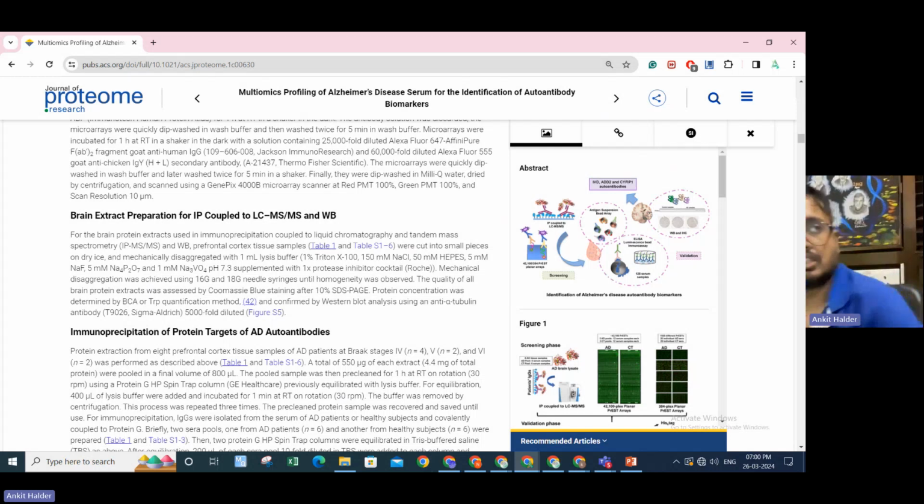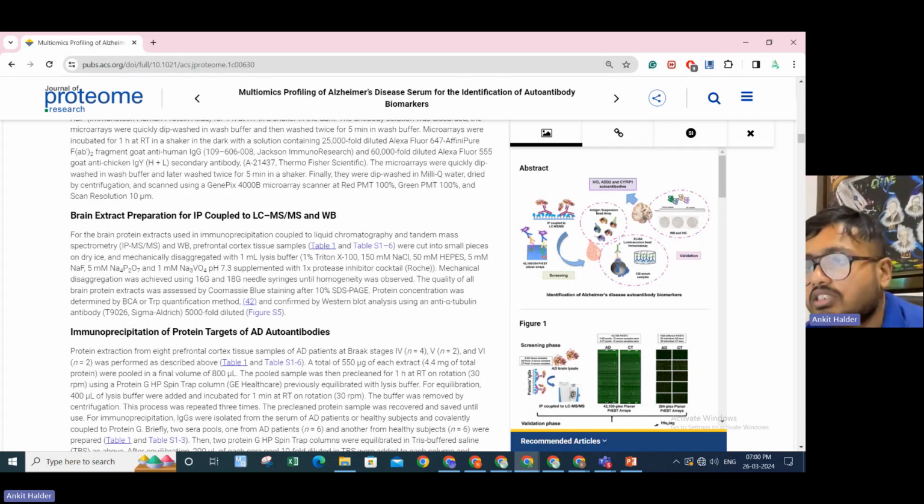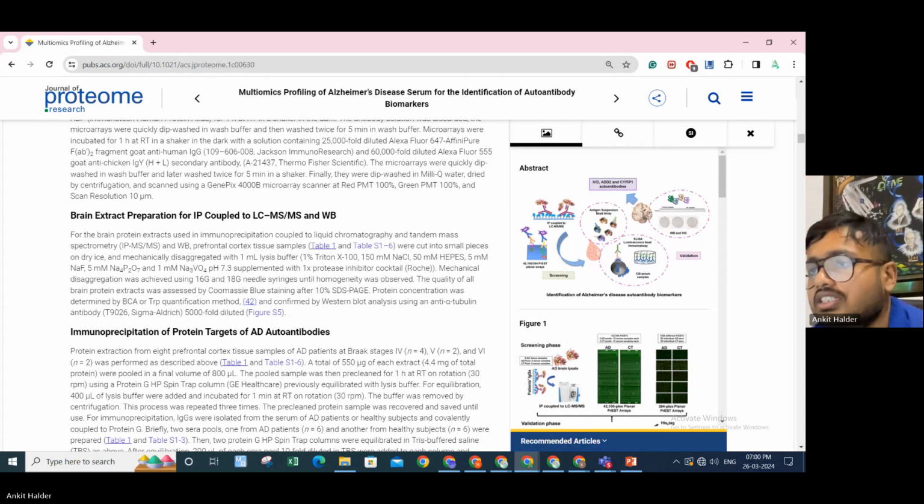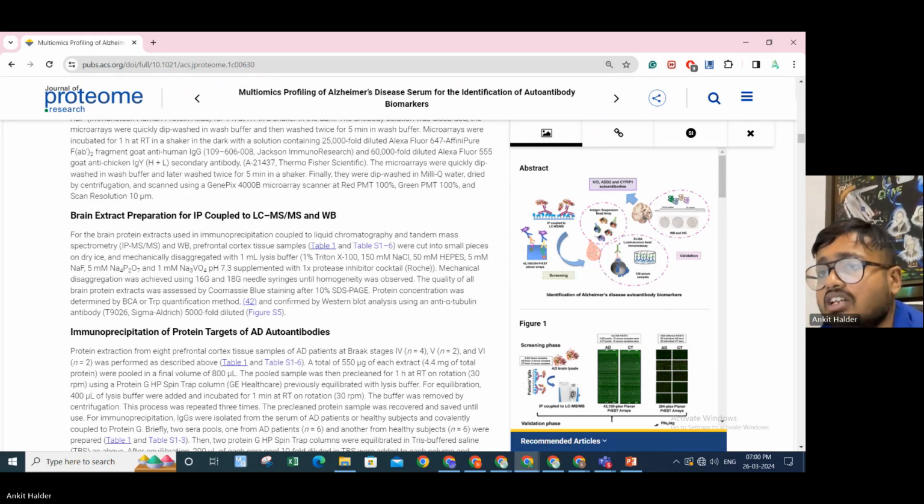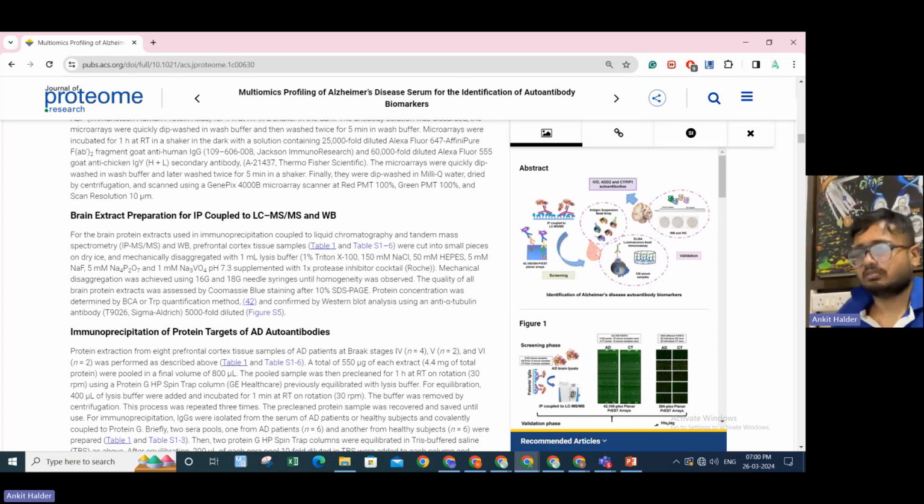So we were using whichever normal proteins are there, supplemented with mechanical disaggregation. The protein concentration was determined by the BCA quantification method, with anti-alpha tubulin antibody.